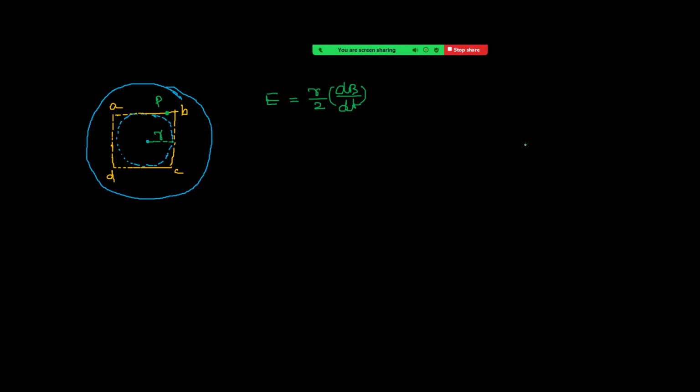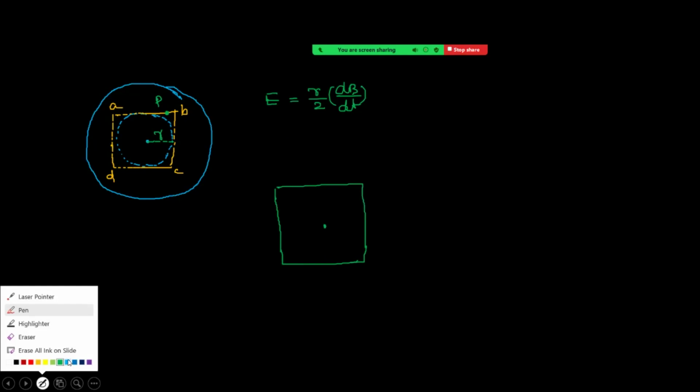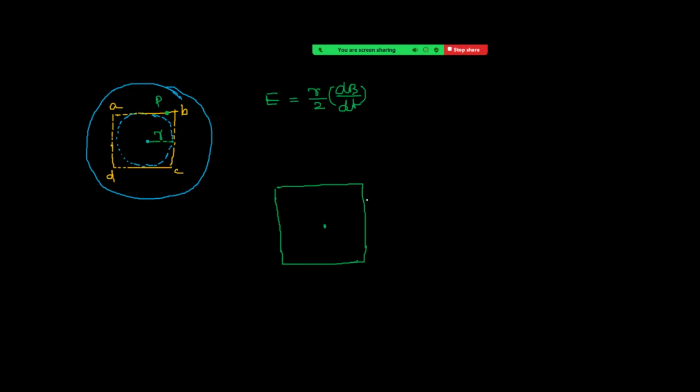I'm drawing it once again, or take that square here separately, square A, B, C, D. Now we are taking a point P on the square. Let us join the center to P. Let us consider this distance as r dash.